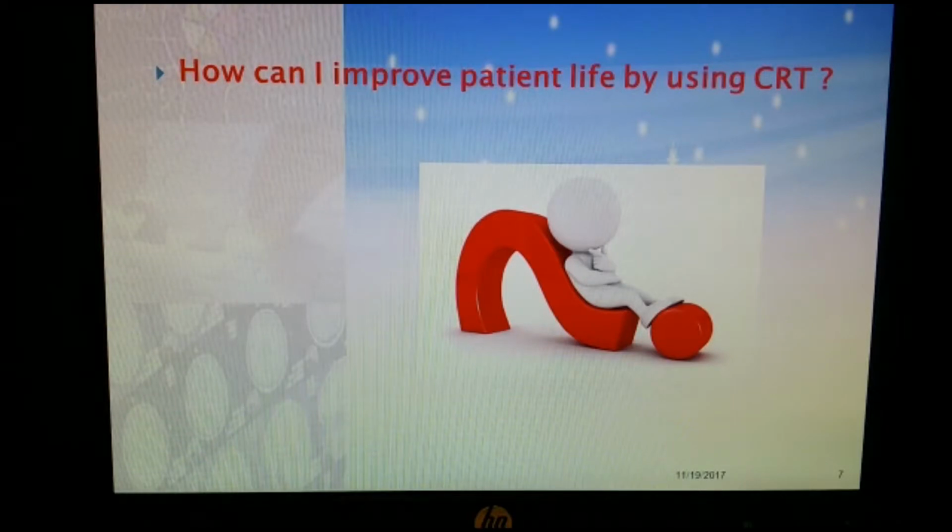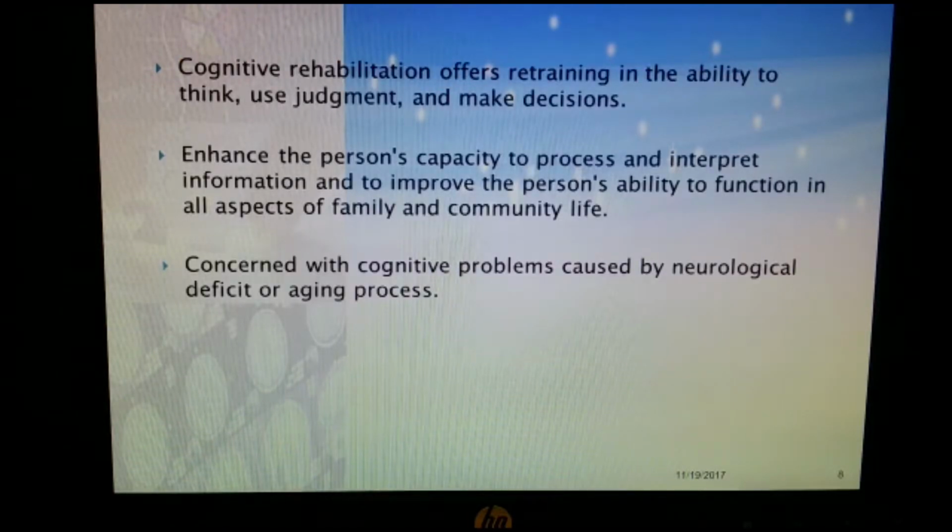So can I improve the patient's life by using CRT? Of course, yes. How? Cognitive rehab offers retraining in the ability to think, use judgment, and make decisions. It also enhances the person's capacity to process and interpret information and improves the person's ability to function in all aspects of family and community life. Also, it's concerned with cognitive problems caused by neurological deficits or the aging process.